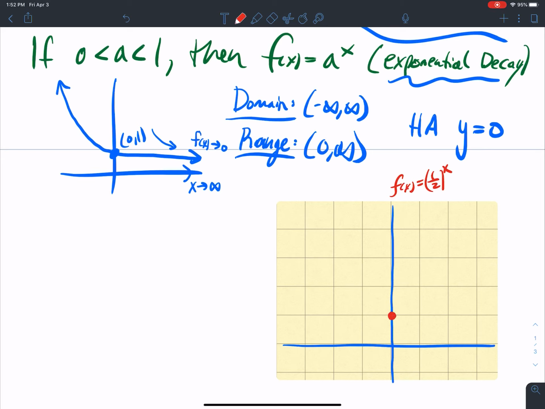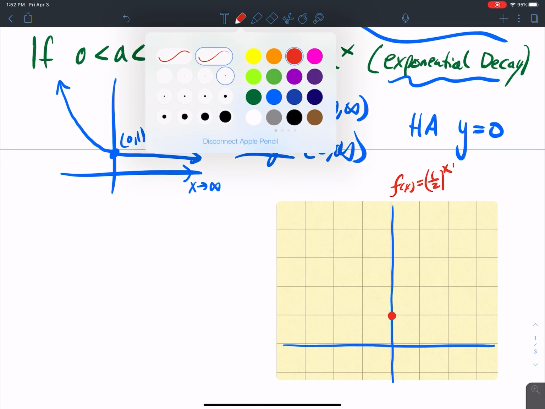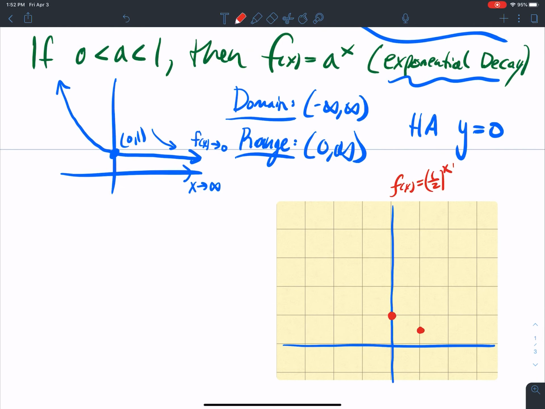At x equal to 1, that's 1/2. At x equal to 2, it's 1/4. X equal to 3, it's 1/8. And then the reverse here, 1/2 to the negative 1. This is 1 over 2 to the negative 1, which becomes 2 to the 1. Exponent rules: we flip the negative exponent, do the reciprocal. So this is 2 here, and then 4. And so literally, we took the graph and reflected it about the y-axis.